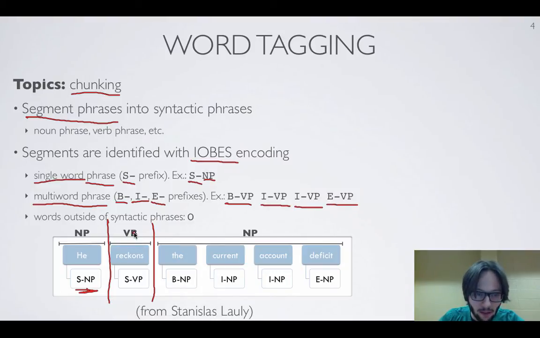And so in our example, the current account deficit, each of its words would be labeled with B-NP, I-NP, I-NP, and then E-NP. And for any other words that do not fall in the category of segments that we're trying to identify in a sentence, we will use the other label O to identify that a particular word doesn't belong to any particular phrase or segment we're trying to identify in the sentence.